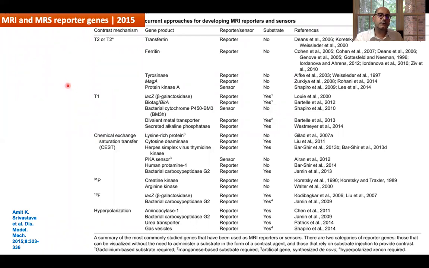In 2015, we published an updated review, and as you can see here, there are many more options for reporter genes. The reason we have a lot of options is because MRI is a very versatile tool.